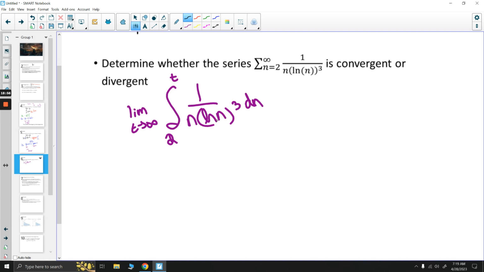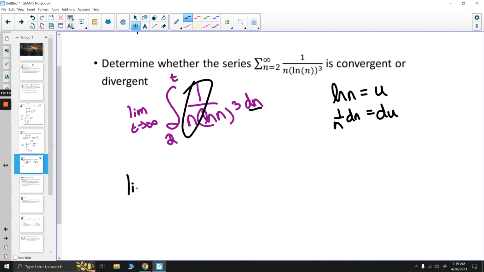Okay, so looking at this, it is a u sub, so natural log of n is equal to u, so that means 1 over n dn is going to be my du. We've already got those portions we need, so we can just throw them in. The limit as t approaches infinity of the integral from 2 to t of 1 over u cubed du.